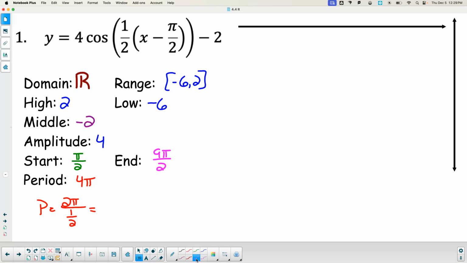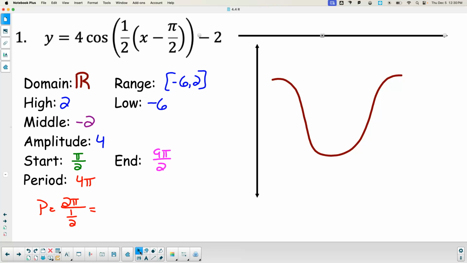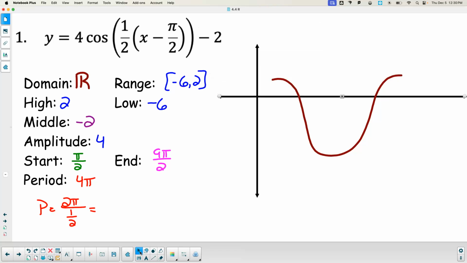Cosine curve high to high, right? Flipped or not flipped? Not flipped? There and there-ish, I would say.